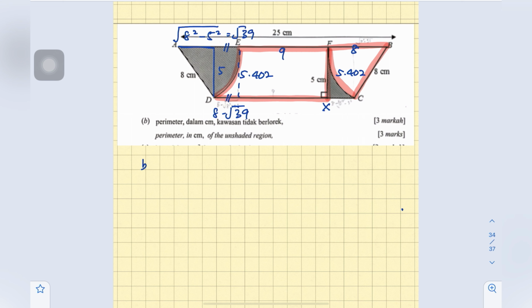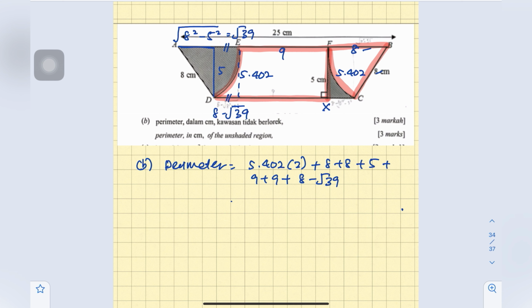Then we can find the perimeter. For the arcs, we have 5.402 times 2, plus 8, so 8 plus 8 plus 5, then plus 9 plus 9 plus 8 minus the square root of 39. So the answer is 51.5590.